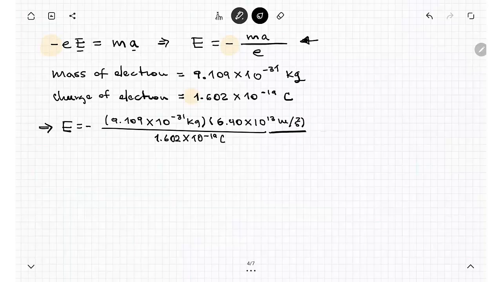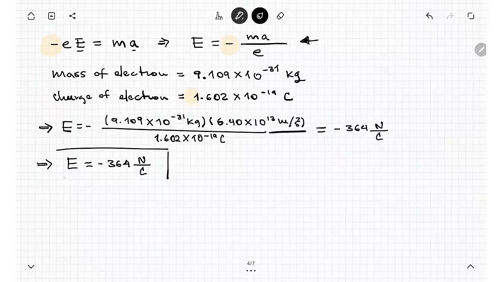All that is equal to minus 364 newtons per coulomb. That's the electric field: minus 364 newtons per coulomb.